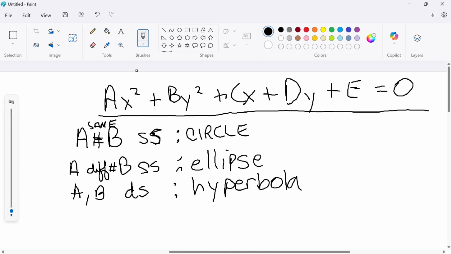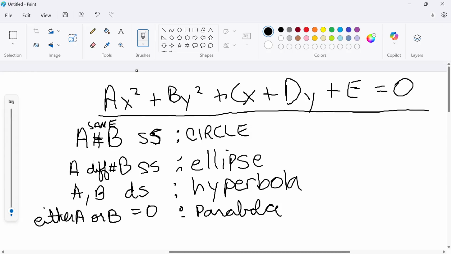And now the subject of this video: if a or b, not both, either a or b equals 0, in other words, there is no y squared term or there is no x squared term, it is a parabola.